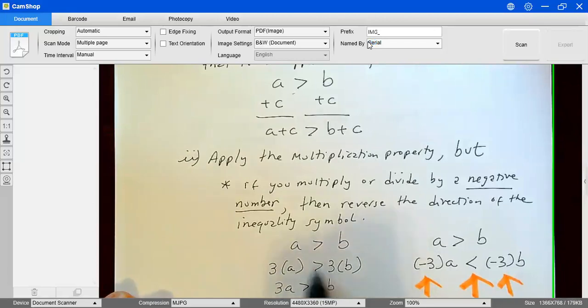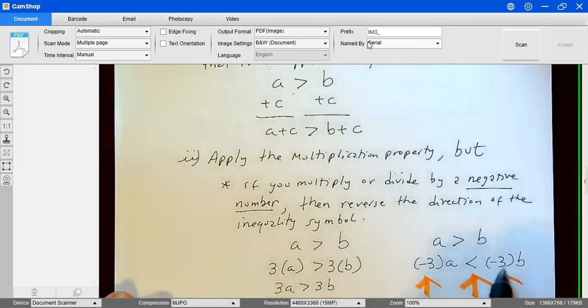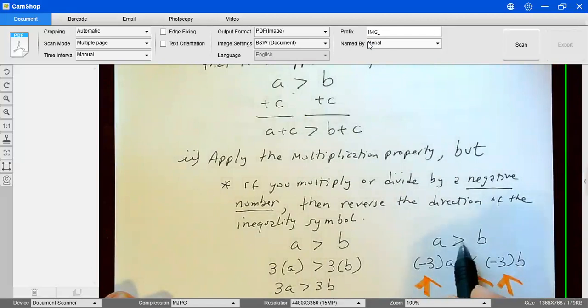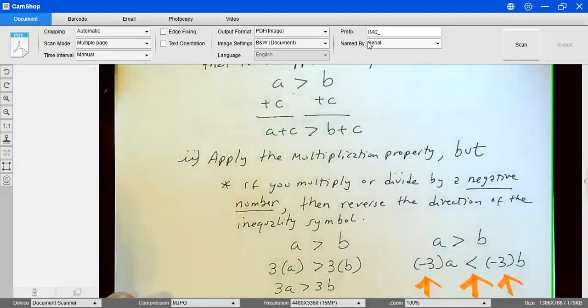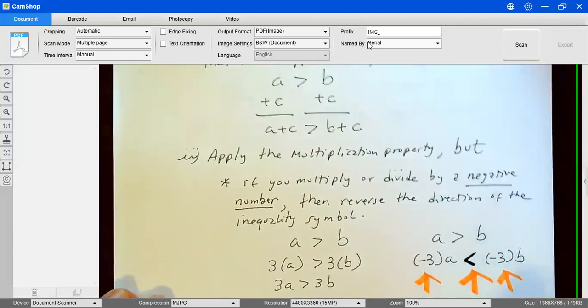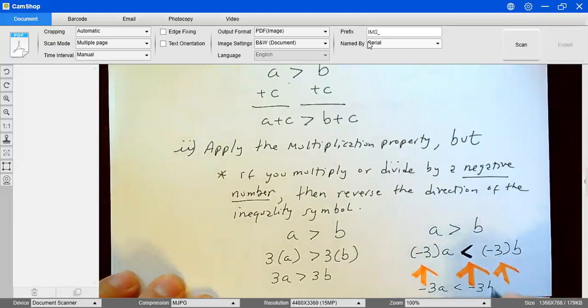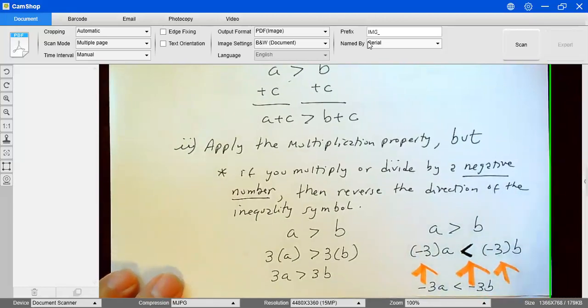But if you have A greater than B and you multiply both the left-hand side and the right-hand side by a negative number like -3, then you need to switch the inequality. You need to reverse the direction. So instead of being greater than, now it's going to be less than. I'm going to emphasize this for you to see the difference with respect to the other case. So the answer is going to be negative 3A is less than negative 3B.